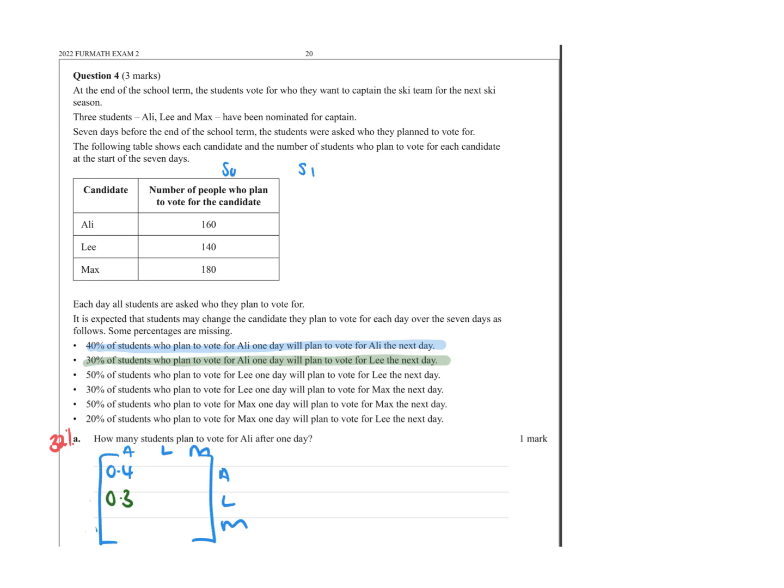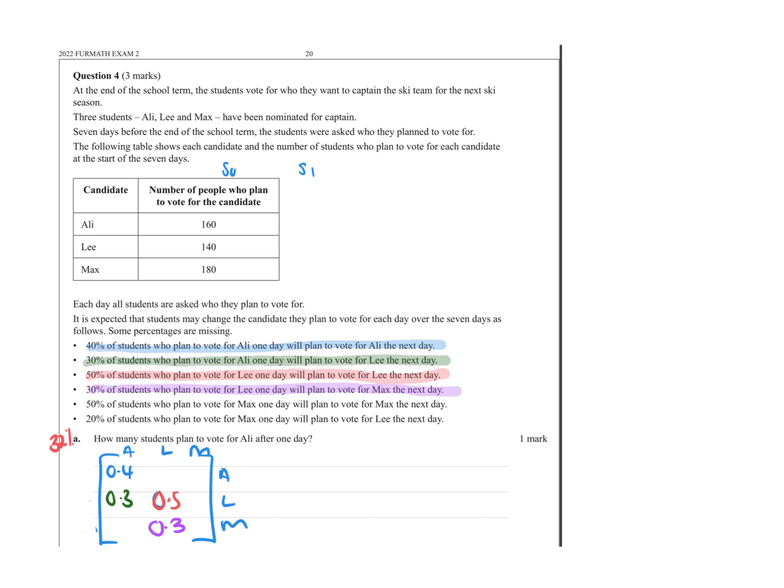The next one, 50% of those who vote for Lee vote for Lee the next day. Lee to Lee is 50%. So just be careful that you're popping the right ones in. The next one, 30% of those who vote for Lee vote for Max. So Lee to Max is 0.3.